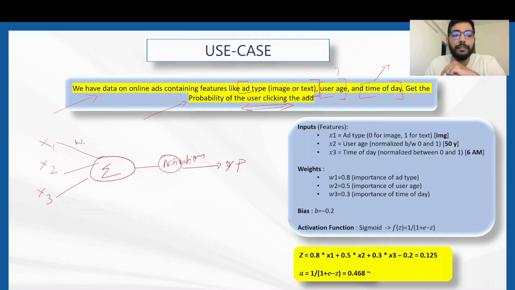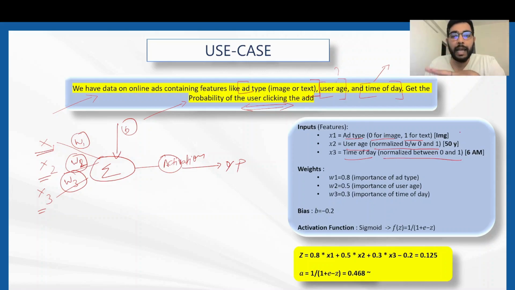Apart from this, we have the weights, that is the significance of these features, w1, w2, w3, and we have a bias term as well. So x1 is the ad type, 0 for image and 1 for text. x2 is our user age, normalized between 0 and 1. x3 is the time of day, normalized between 0 and 1.